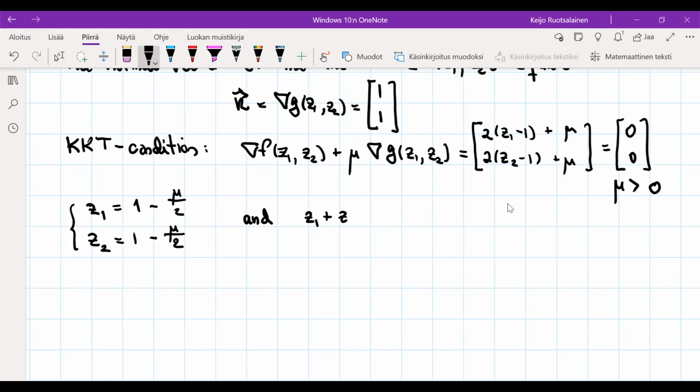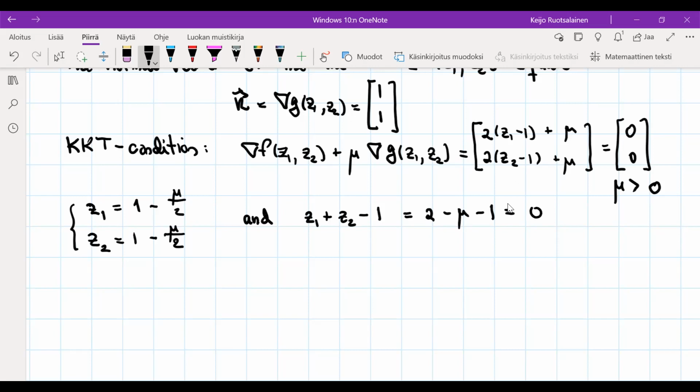Z1 plus Z2 minus 1 must be 0. So we have 2 minus mu minus 1 is 0.